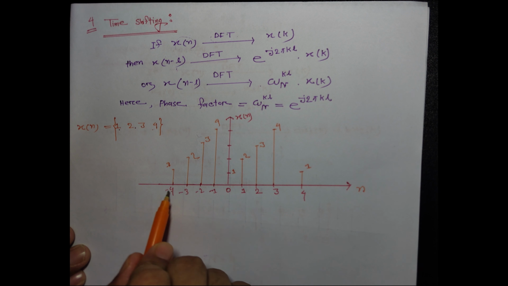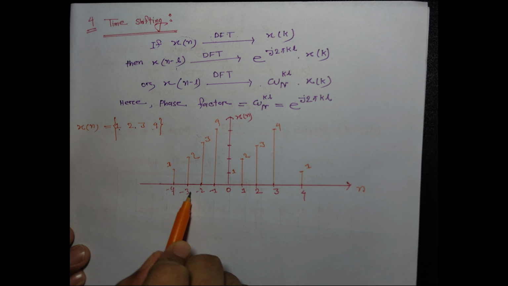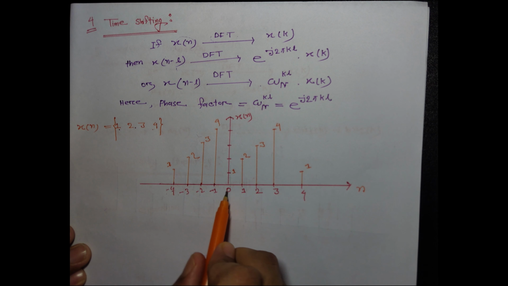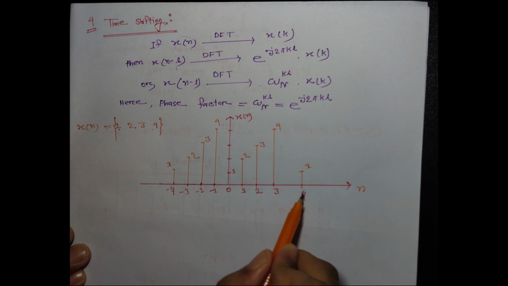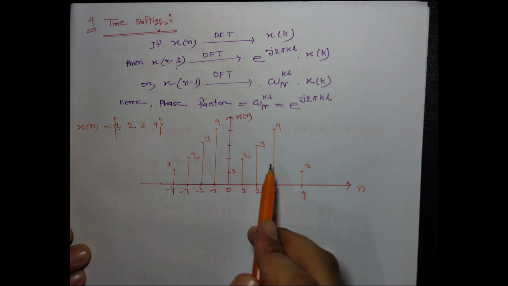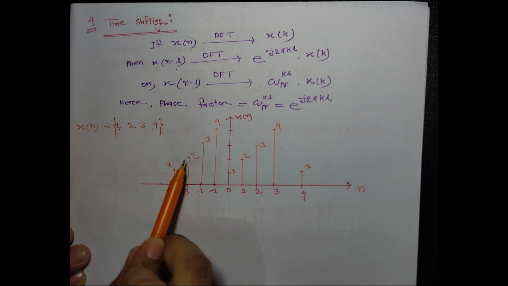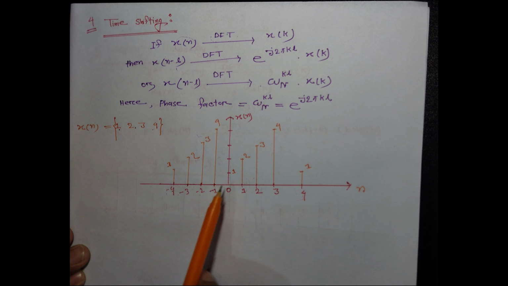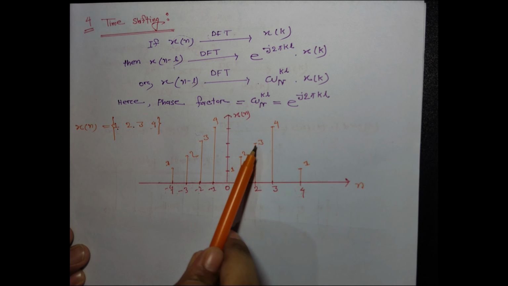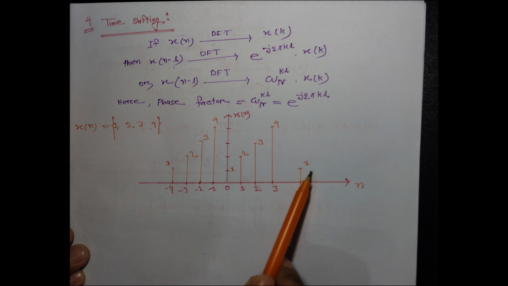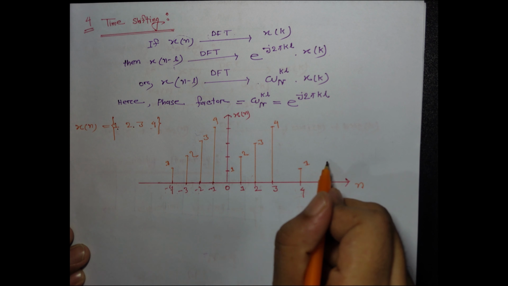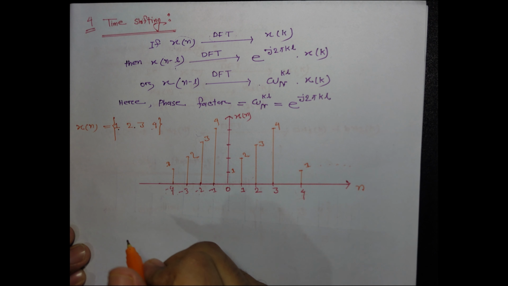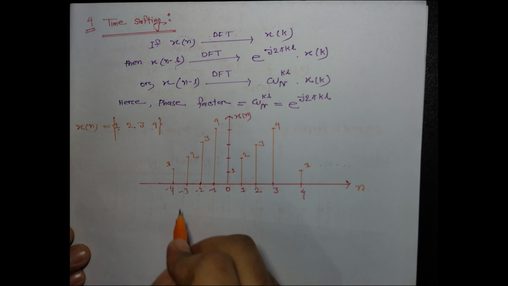The positions are minus 4, minus 3, minus 2, minus 1, 0, 1, 2, 3, 4, and the magnitudes are 1, 2, 3, 4, again 1, 2, 3, 4, and again 1, 2, 3, 4. It repeats again and again because it is a periodic signal.